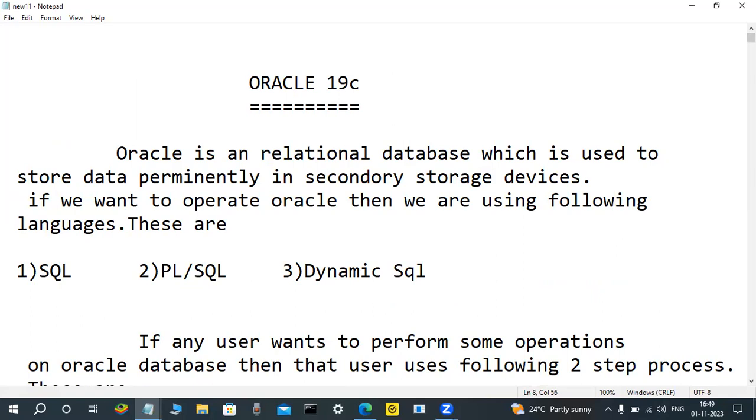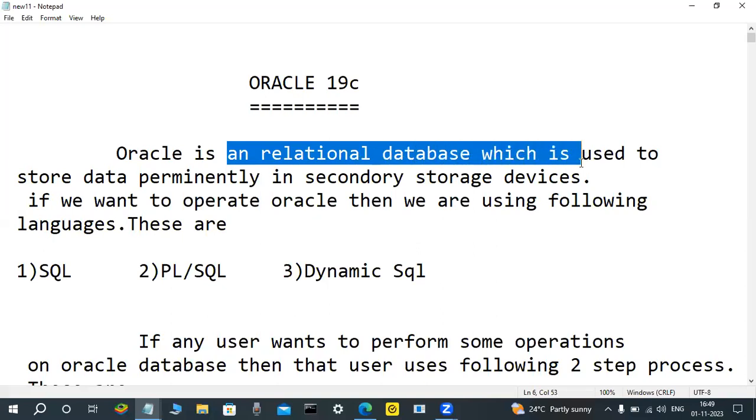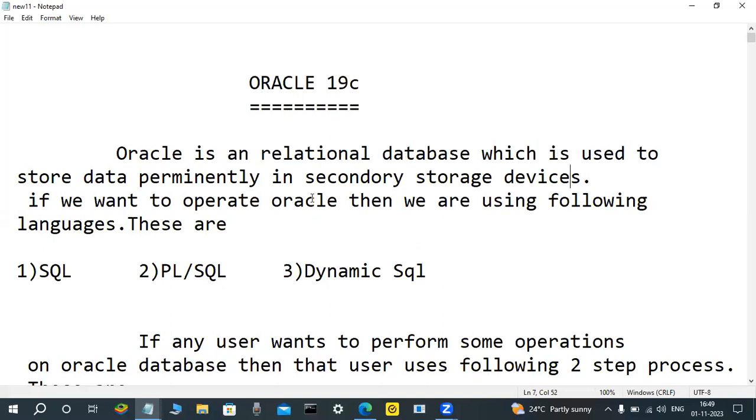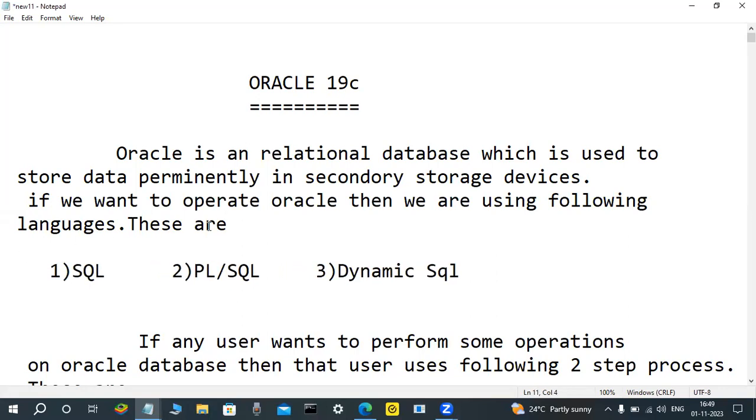Oracle is a relational database which is used to store data permanently in secondary storage devices. If you want to operate Oracle, then we are using the following languages.